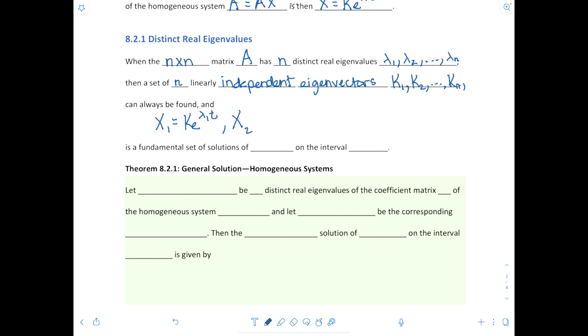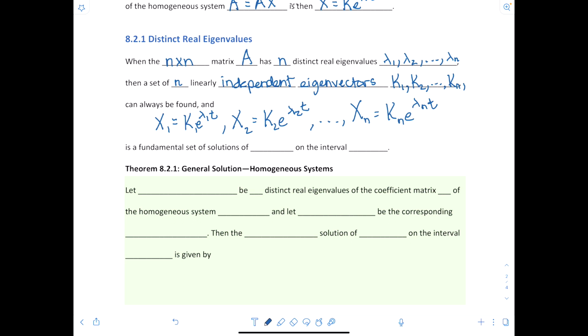Capital X2 would be equal to K sub 2 e to the lambda 2 t. And it would continue in that way until we got to capital X sub n equal to capital K sub n e to the lambda sub n times t.